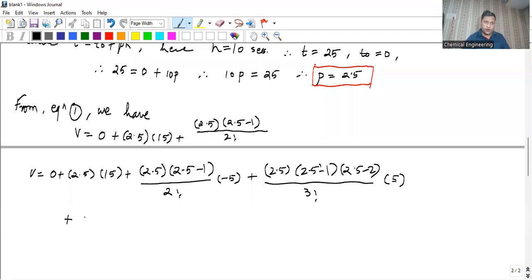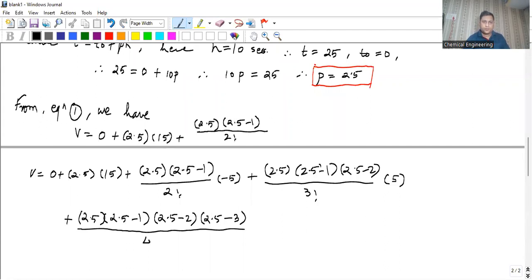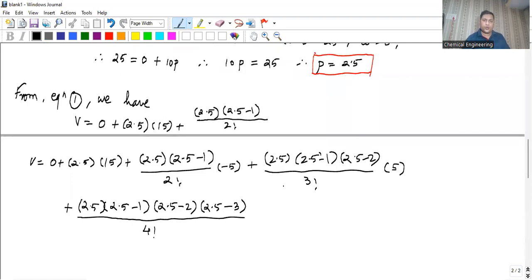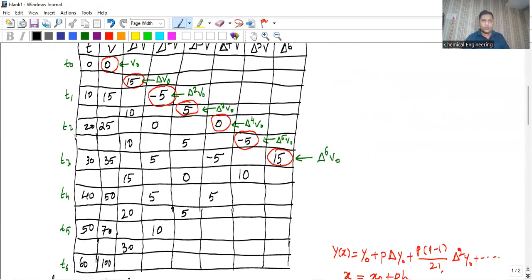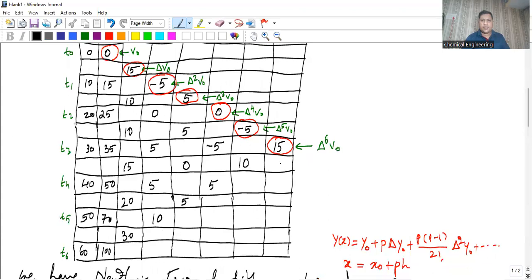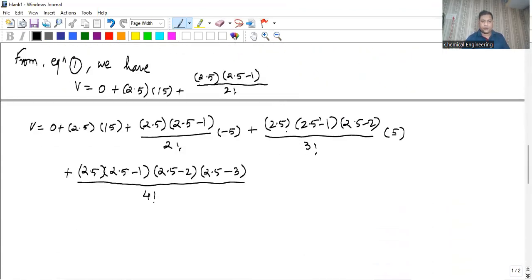Now we have plus 2.5, 2.5 minus 1, 2.5 minus 2, and 2.5 minus 3 by 4 factorial, and here we want delta raised to 4, which is 0.